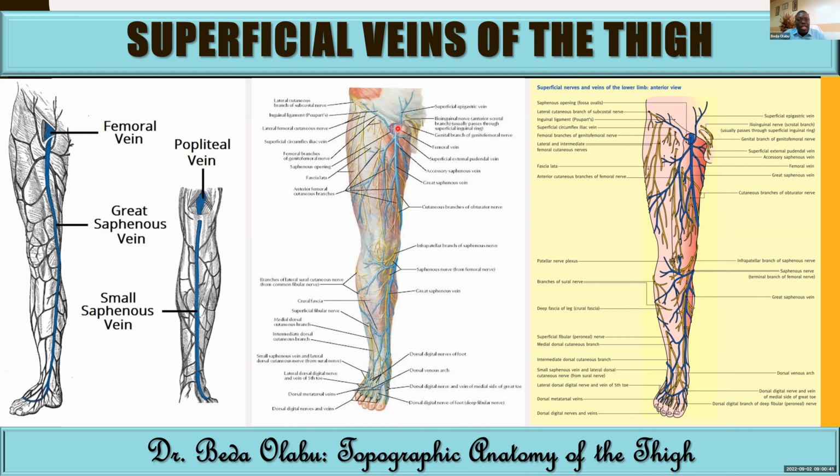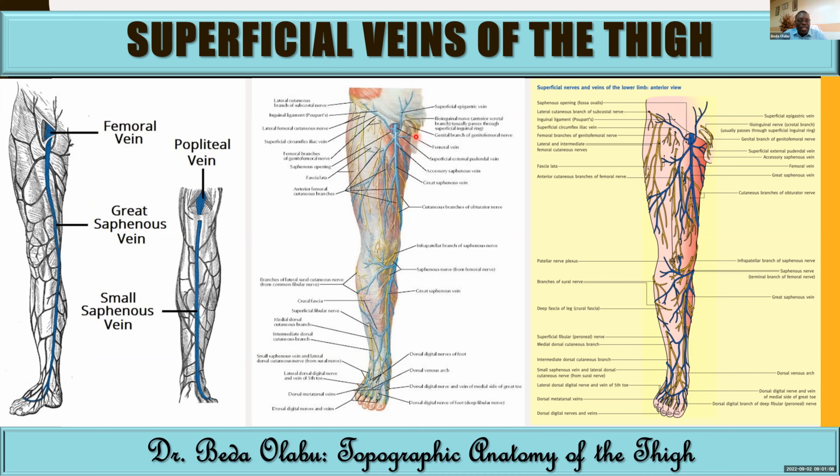The other vein is what we call the superficial circumflex iliac vein, which is this one. Again, it runs around the ilium and partly drains even some parts of the gluteal region. It drains also into the great saphenous vein. The last one is the superficial external pudendal vein, which drains the region around the genitalia.